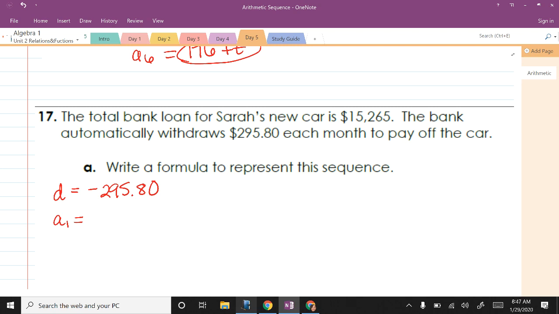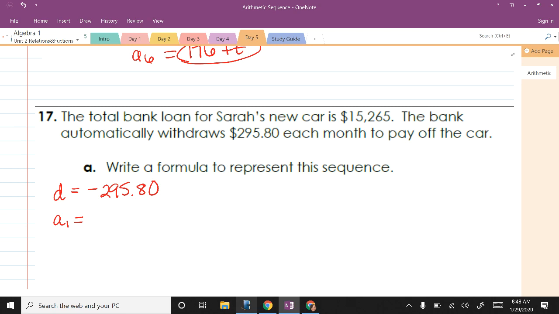Actually, A1 is after you've made the first payment. Yes, you subtract that one time. So A1 is going to be after we make the first payment. So it's going to be $15,265 minus $295.80.